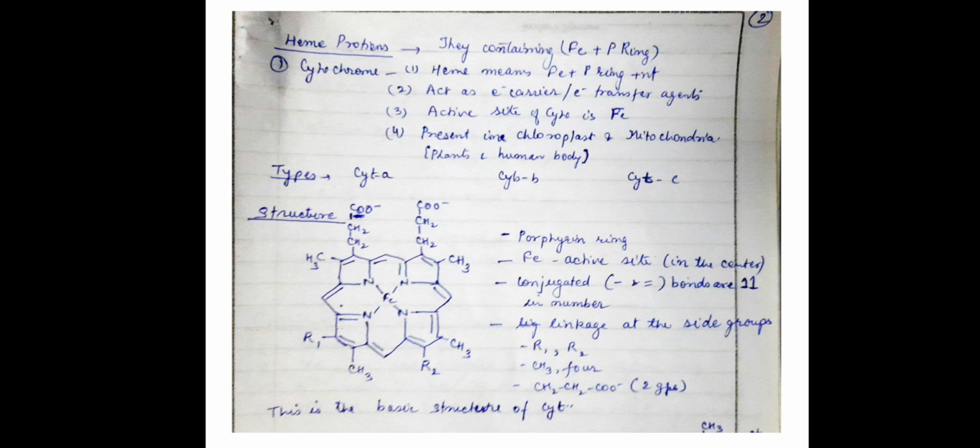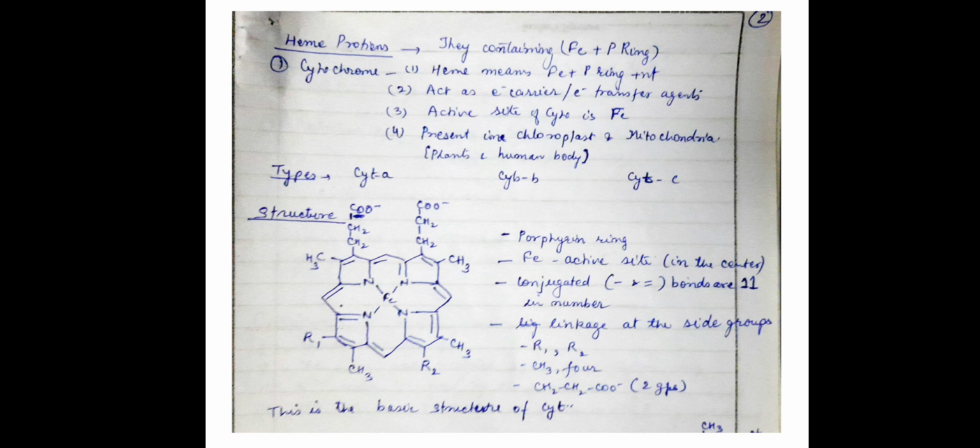Now the types of cytochrome are cytochrome A, cytochrome B, cytochrome C. The general structure of cytochrome is, just look at the left side of this slide. You have a structural formula of cytochrome having a porphyrin ring. This porphyrin ring has 4 small rings, 1, 2, 3, 4 at the corners of the square, and an active iron site. What is the active site of the porphyrin ring?